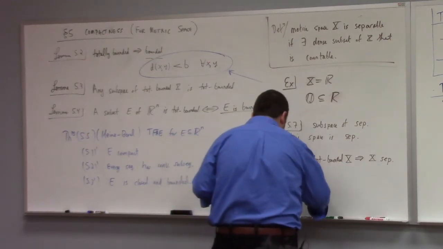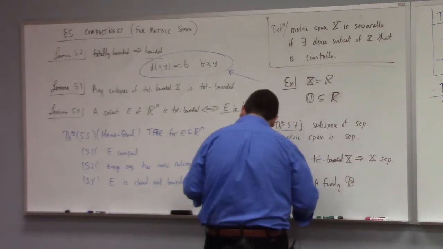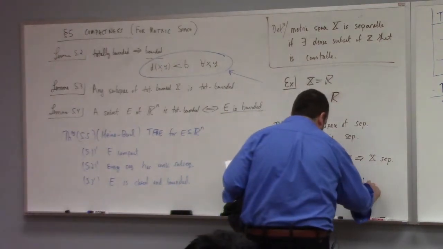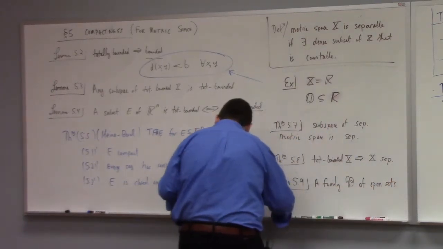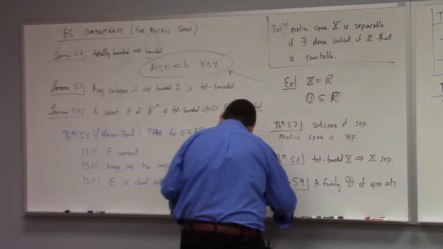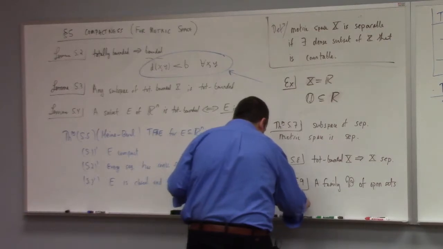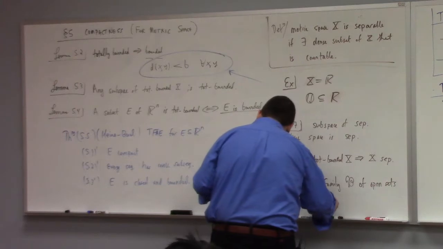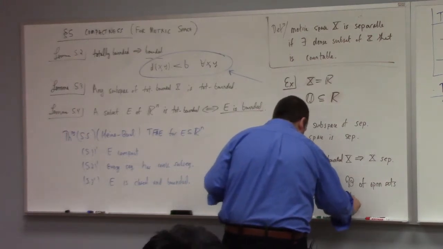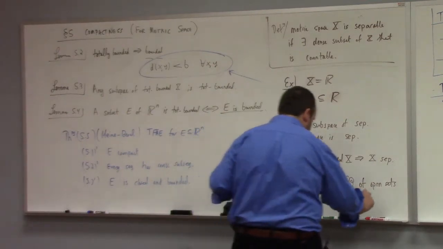A family B of open subsets of a metric space is a base if and only if.